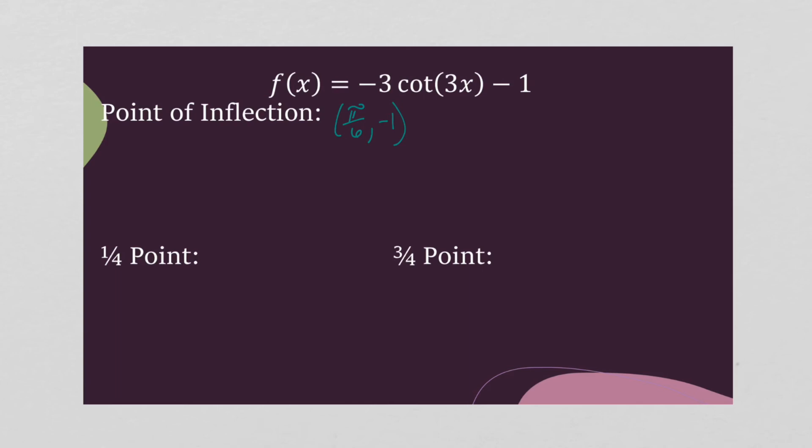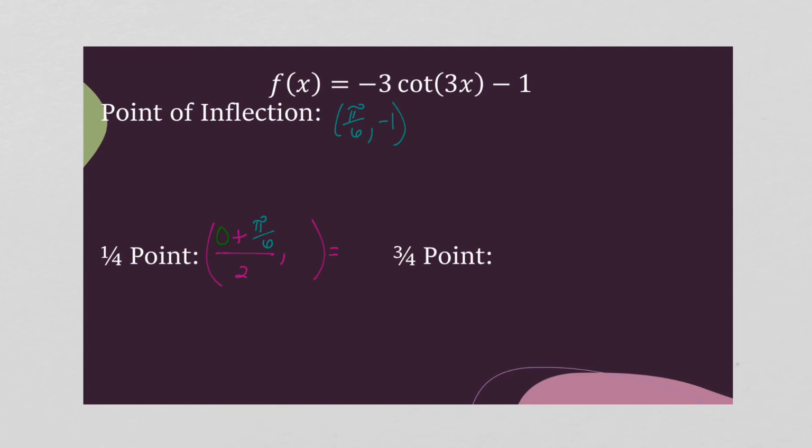Well, again, you could go through a lot of trouble and take your asymptote at 0 and add the point of inflection and divide by 2 to find the middle.